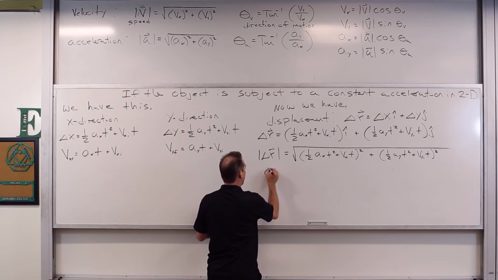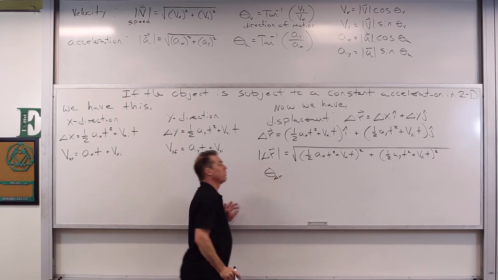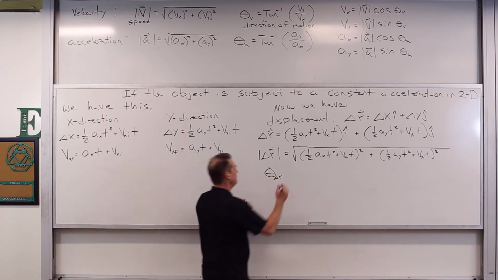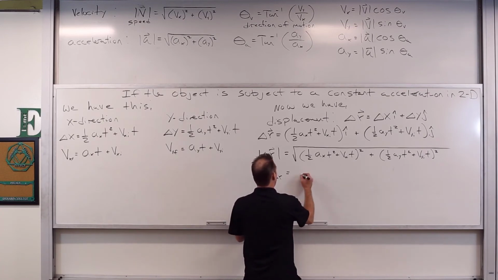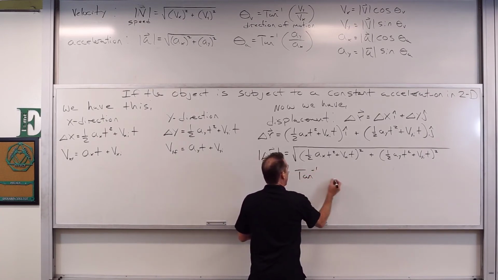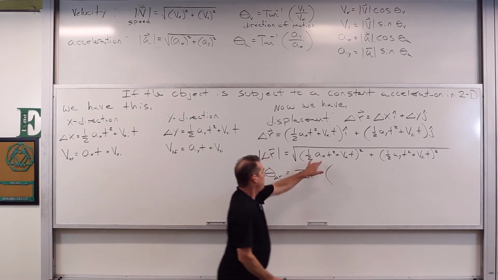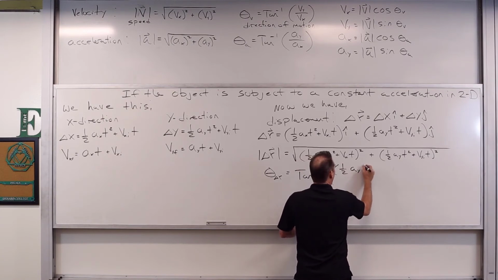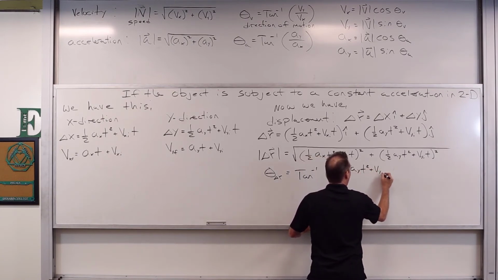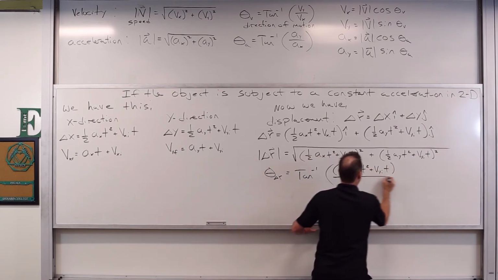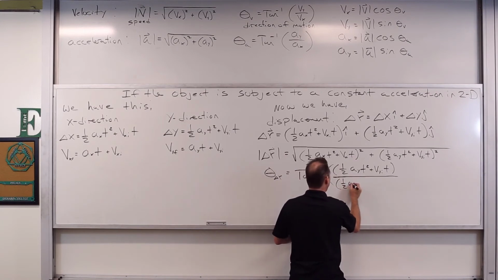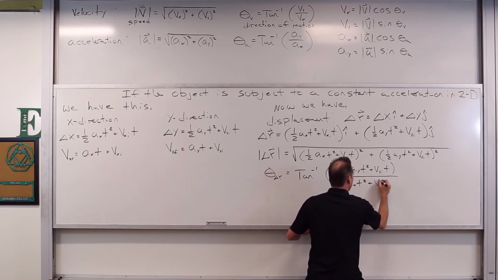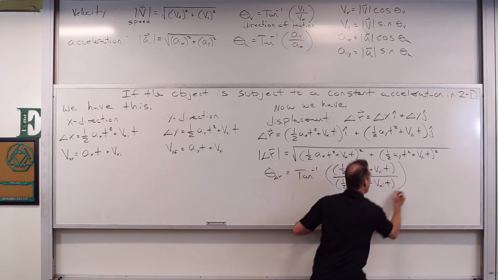And if we wanted to know the overall direction of the displacement, that is the arctangent of the y component divided by the x component. So we'd have the quantity 1/2 a y t squared plus v y i times t, divided by the quantity 1/2 a x t squared plus v x i times t.